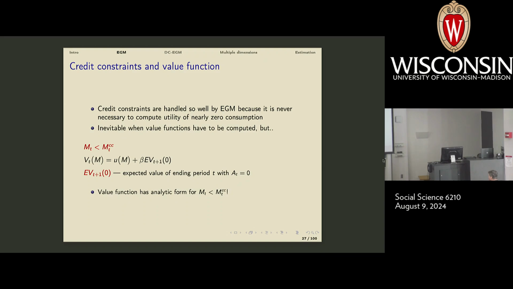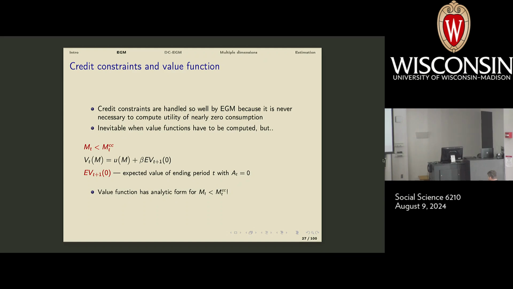Now, in the next step, we will need to recover the value function together with the policy function. And so it's worth saying that for all of the points of wealth to the left of this M sub CC, we know that the optimal thing to do is not to save anything, which makes the value function equal to the utility of consuming everything plus the continuation value of having no savings, right?